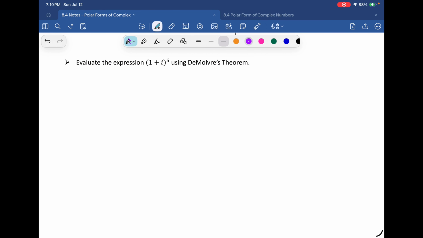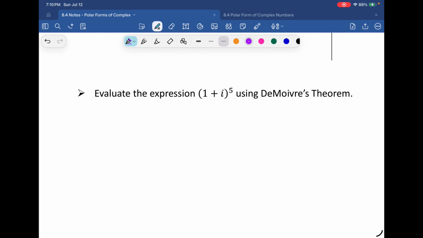Okay, evaluate the expression using de Moivre's theorem. Okay, so the first thing, polar form first. All right, so 1 plus i is really 1 plus 1i.